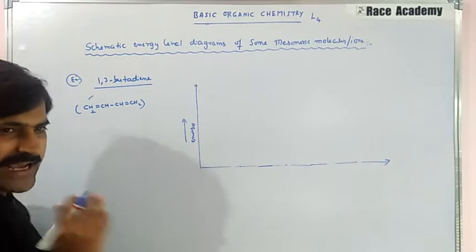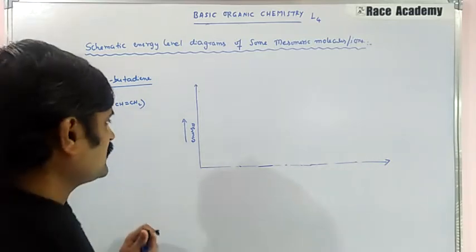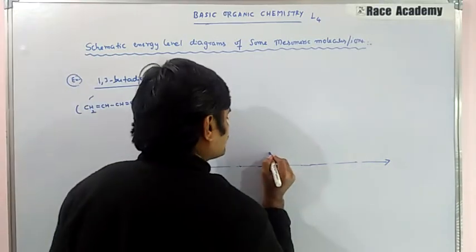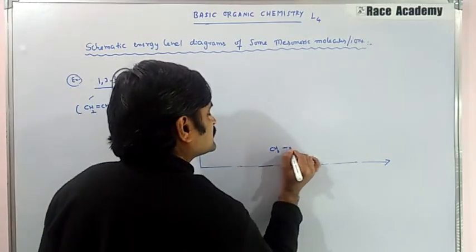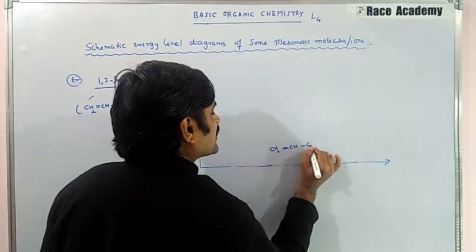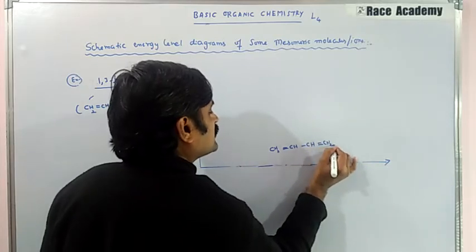This is the actual structure we have. This is the most stable, with the least energy. This is CH2=CH-CH=CH2.